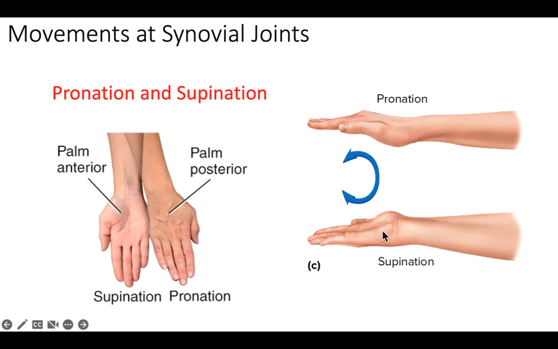Supination is palms anterior or palms up. Some people like to remember, when you beg for soup, you're supinating the hand. If you're putting your hand out asking for soup or money, that's supination. So remember, this is rotating the hand, but it's done at the proximal radio-ulnar joint.